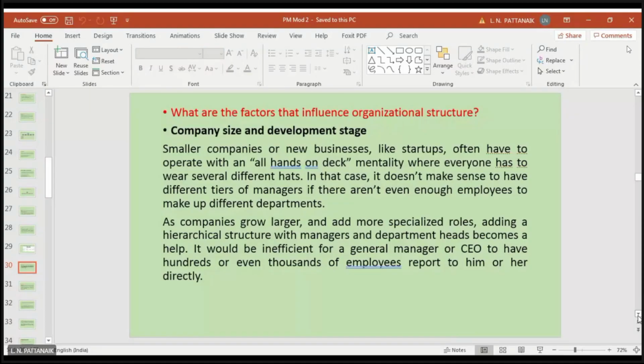So maybe there are a few people who started the idea and made the initial investment, but they team up with others and create an environment in which they feel like colleagues and work together. So it is not similar to the structure we are talking about, which is very formal, mechanistic, where there is a clear-cut distinction of your designations. You cannot bypass your superiors without the proper route and all that.